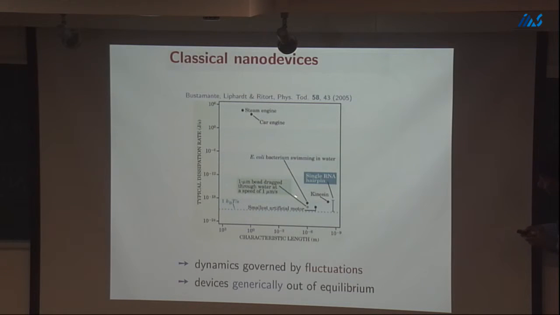The point being, the dissipation here is in the regime of kBT, thermal fluctuation. That means fluctuations become very important. So macroscopically, the second law of thermodynamics is not really valid. You need new kinds of fluctuation theorems, which people have already devised.